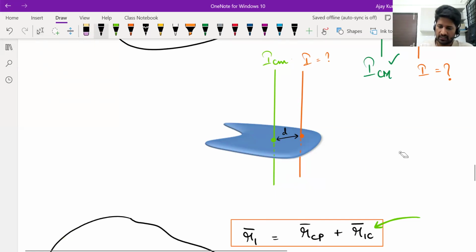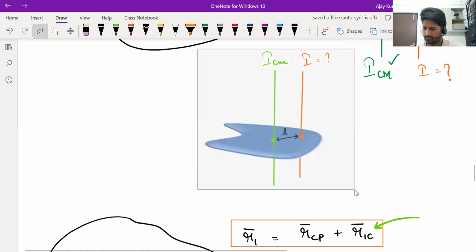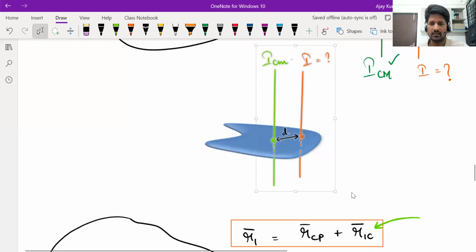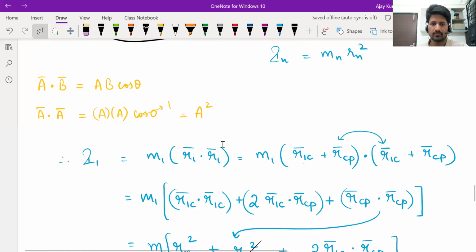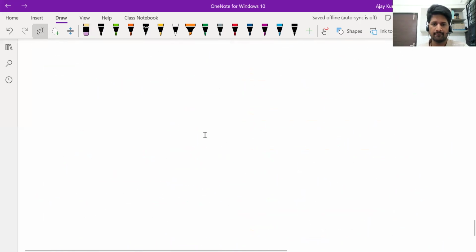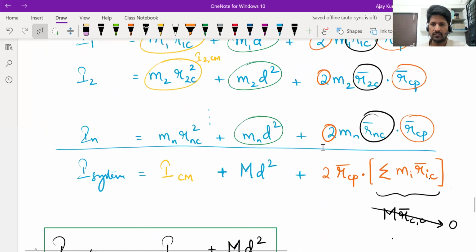Now, we just discussed one idea today. Suppose this system itself was three-dimensional, instead of being flat like this. Just a moment, I'll copy that.